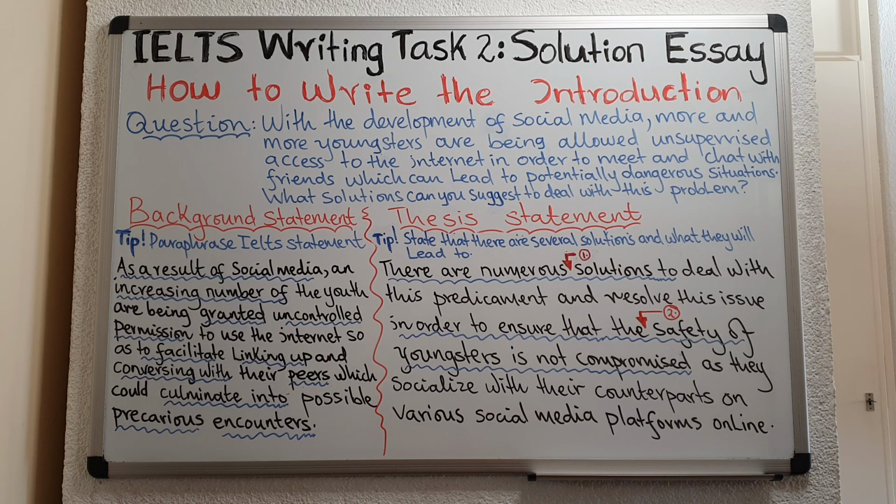The next word is in order to. I replace in order to with so as to facilitate. So as to facilitate and in order to mean exactly the same in this context.